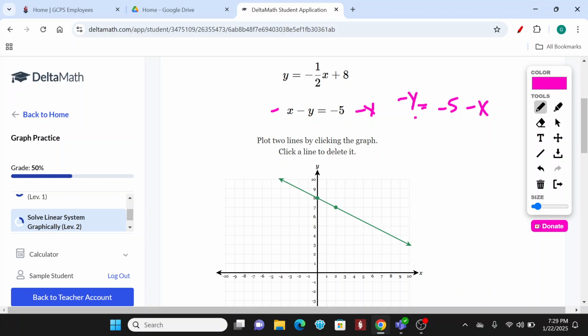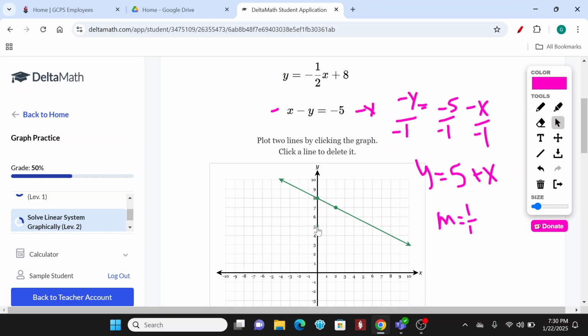And there's this invisible 1 again, so we have to divide everything by 1, so that our y now equals 5 plus x. So our slope, our m, is still 1 over 1, but instead we're just going to go to a +5. So leave our mark at 5, up 1 over 1.